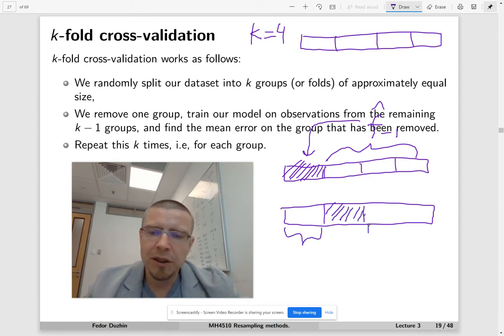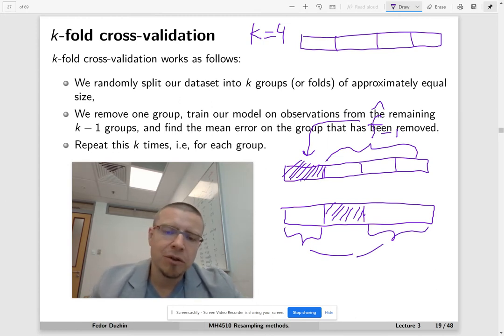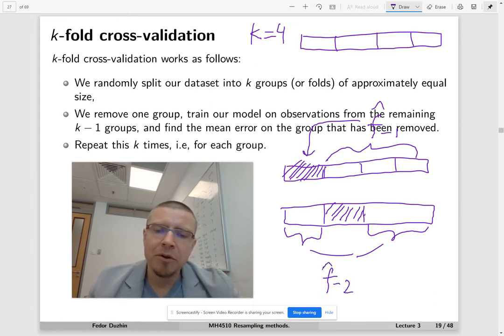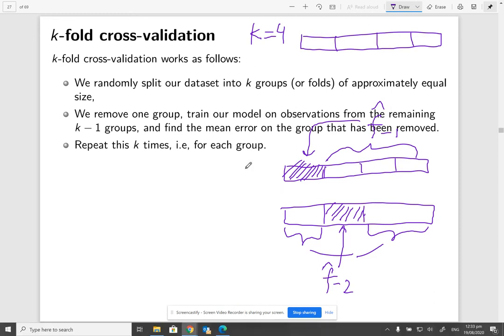So I'm going to use these and these together to form a new pseudo training set, and I'm going to train the second version of my model, f hat -2, and then apply it to those observations that were removed, that it hasn't seen, and so on. Then I'm going to remove the third and the fourth. So this is how it goes.